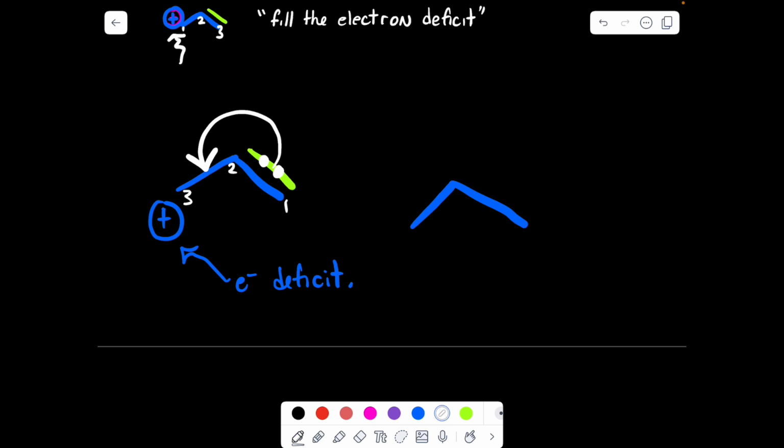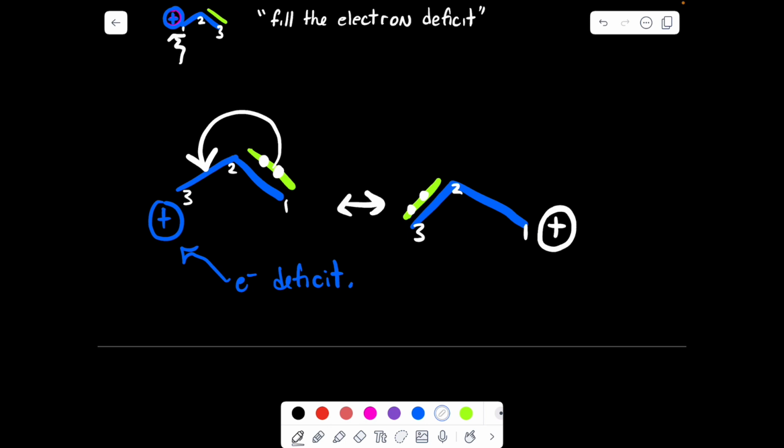So what happened, if I label my atoms again, 1, 2, 3, is that the 2 electrons initially in the pi bond between atoms number 1 and 2 jump to between atoms number 2 and 3. So that means atom number 1 lost an electron and becomes cationic.